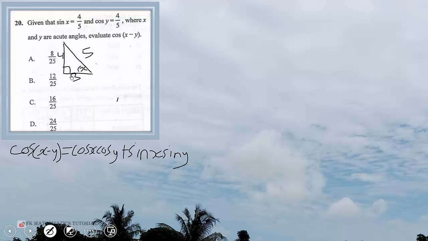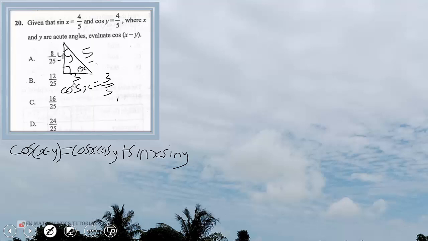So cos x will be equal to adjacent over hypotenuse, which is 3 over 5. Now if this is y, then cos is adjacent over hypotenuse, which is 4 over 5. So the opposite will still be 3 because of the Pythagorean triples.